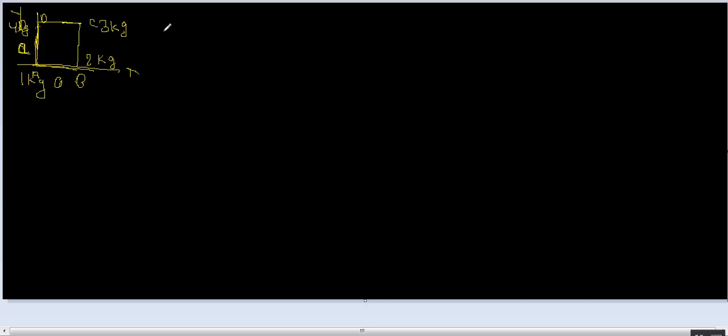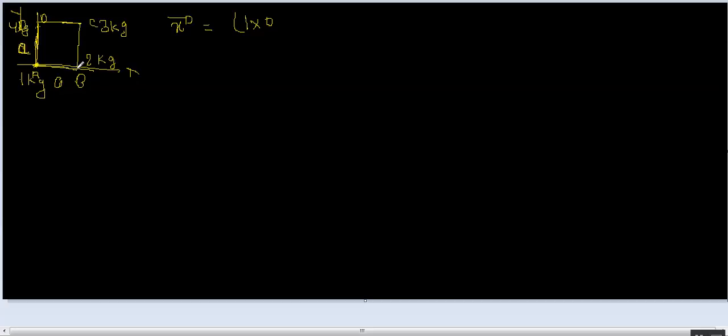The x coordinate will be the mass of the 1 kg block into its position, so 1 into 0, because the x coordinate at this point is 0.